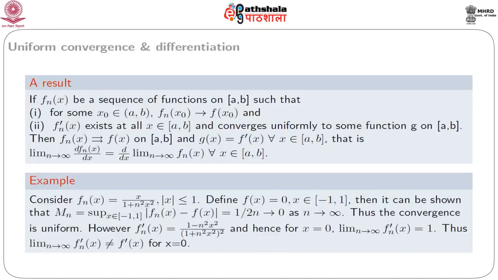Next, consider uniform convergence and differentiation. If f n x is a sequence of functions on closed interval AB, such that for some x naught belonging to open interval AB, f n x naught tends to f of x naught and f n dash x, that is the first derivative of f n x with respect to x, exists at all x belonging to closed interval AB and converges uniformly to some function g on closed interval AB.